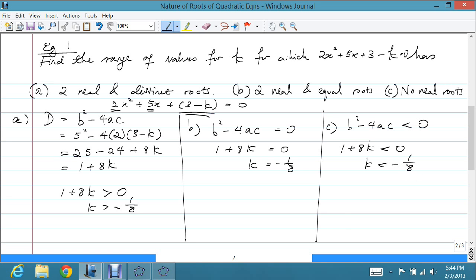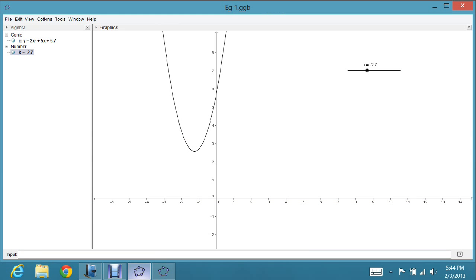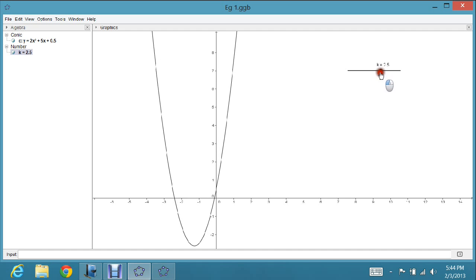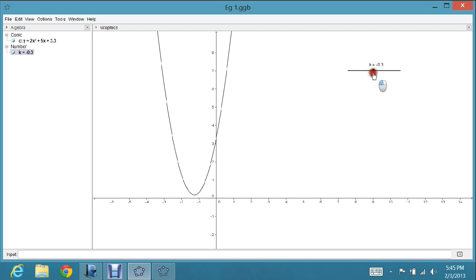Right. So in these three parts, we have three different ranges of values for k, which will determine the nature of its roots. So let's do a quick double check. If k is equal to negative 1 over 8, which is about 0.125, 0.125 is about here.